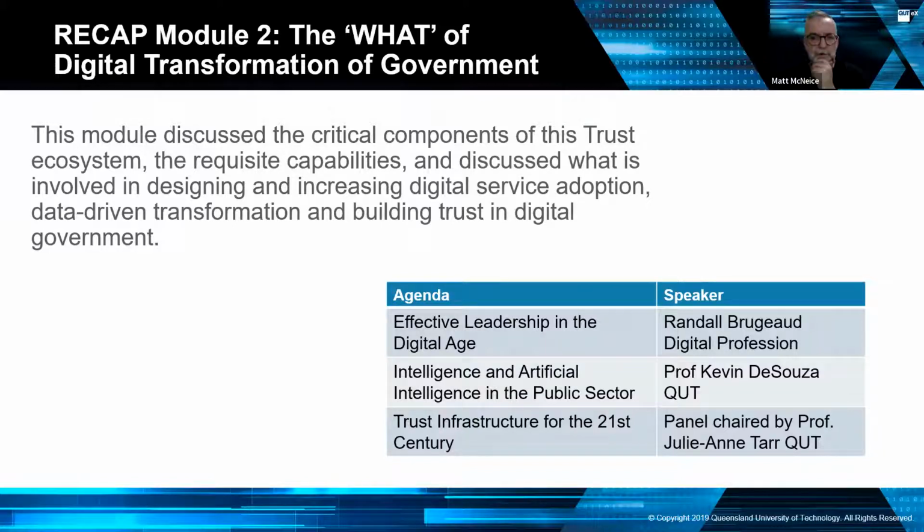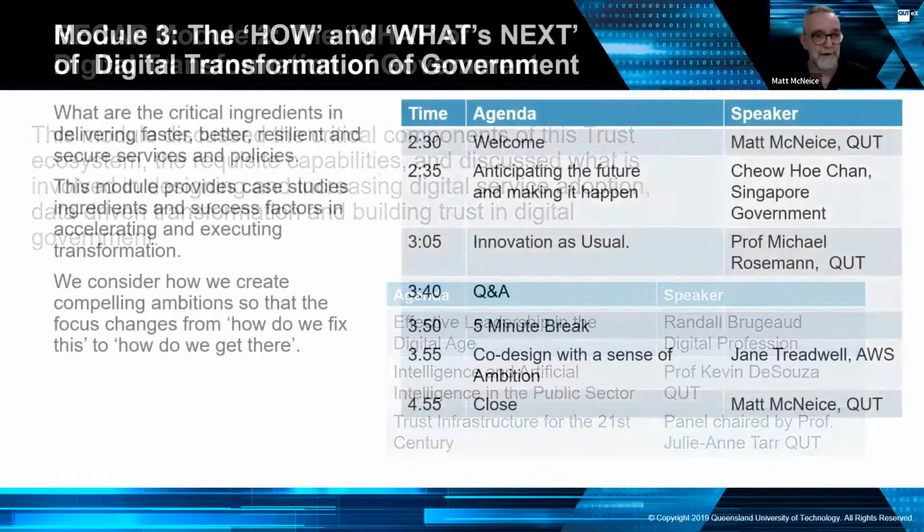Kevin D'Souza from QUT led us into a discussion around intelligence and spoke of a maturity model for artificial intelligence that he's developed with IBM for the public sector. And Julianne from QUT chaired a panel on trust infrastructure for the 21st century. So we thank all those speakers and the panelists for the time 2 weeks ago. And here we are today.